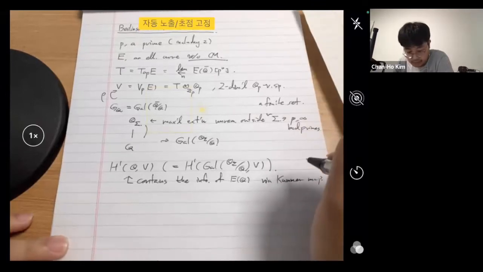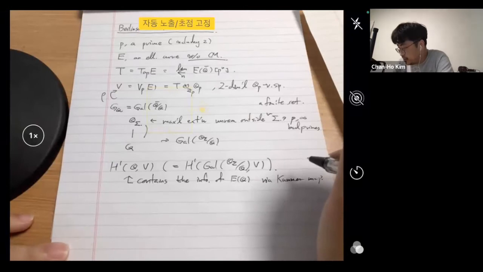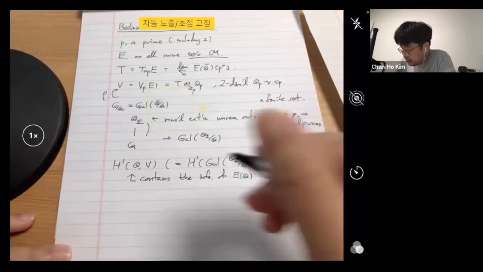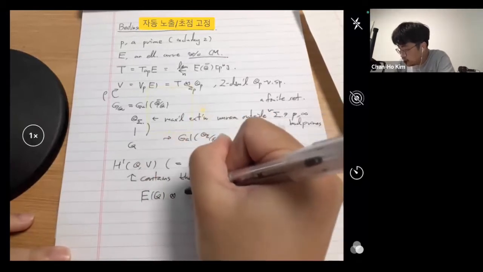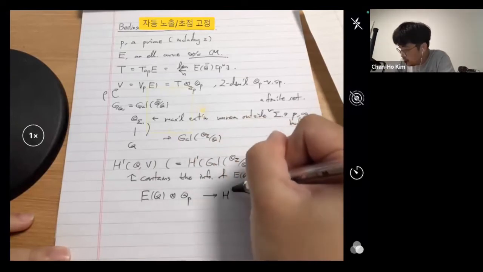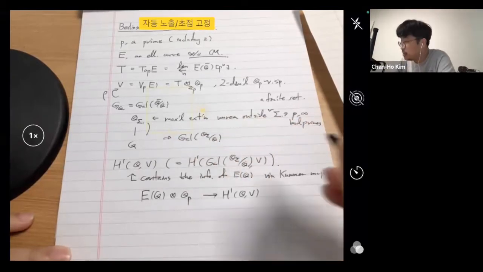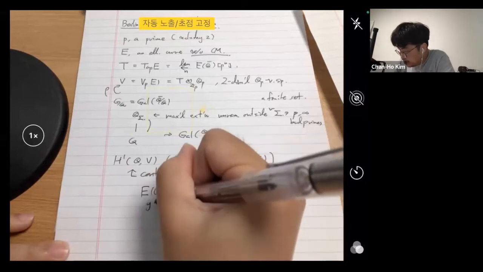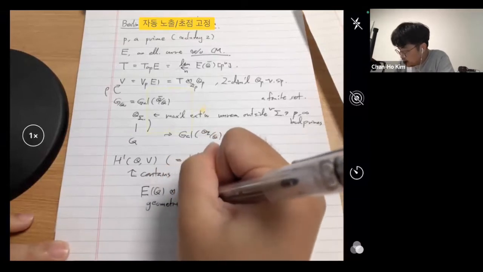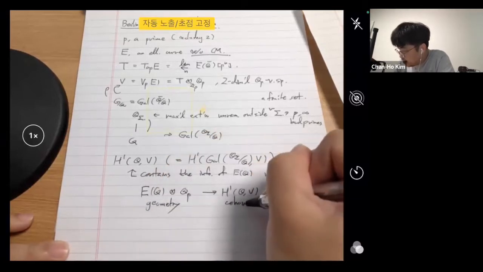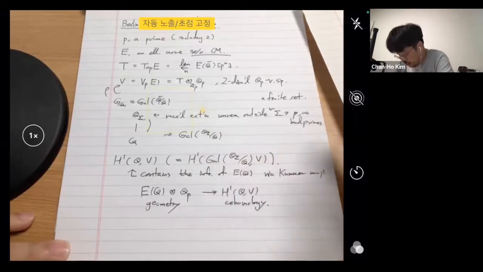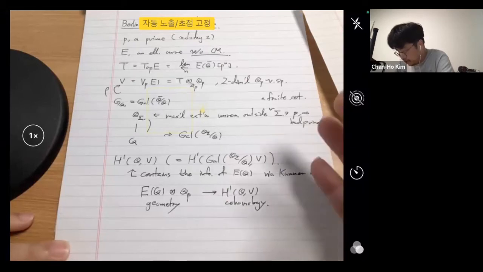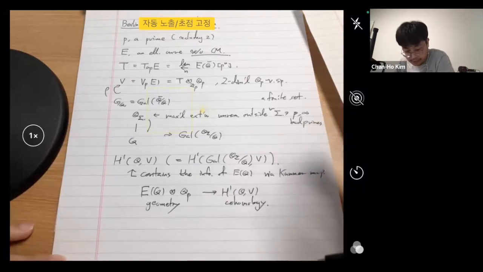So we now have a method to put geometry into cohomology, especially E(Q) tensor Q_P maps to H^1(Q, V). The geometry goes to cohomology. And after having this, we can apply the various tools for Galois cohomology.